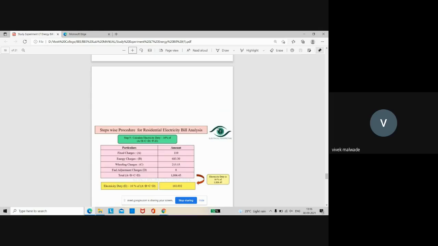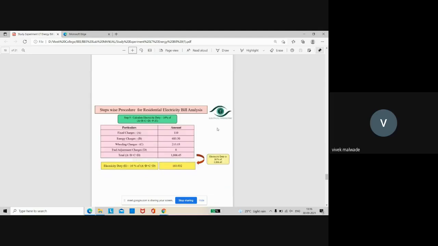So addition of these 4 is 1006.45 and 16% of 1006.45 is 161 rupees. So number 5 is the electricity duty, which is imposed 16% of the fixed charge, energy charge, wheeling charge and fuel adjustment charge, which is 161.03. This also note down.